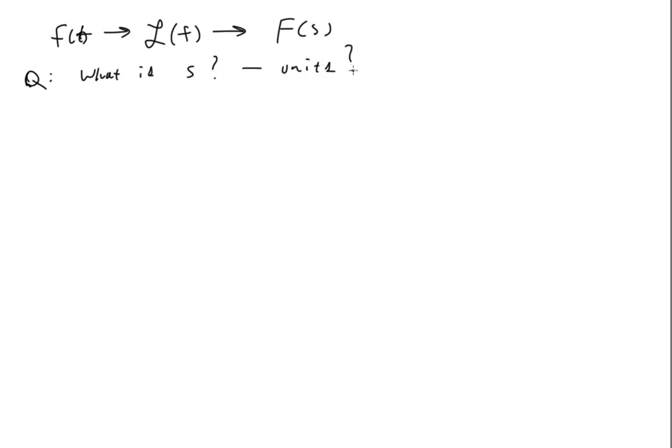This leads us to the final concept I think you need to have in your head, because a lot of people just don't get what F of s is. What is capital F of s saying? How does it relate to little f of t? And the answer is pretty straightforward.